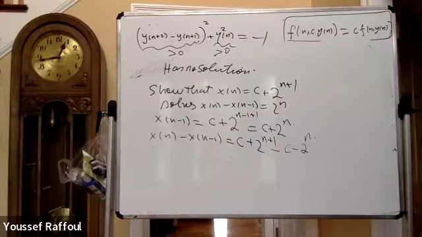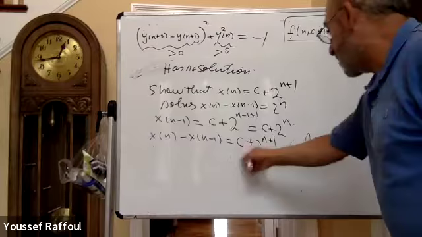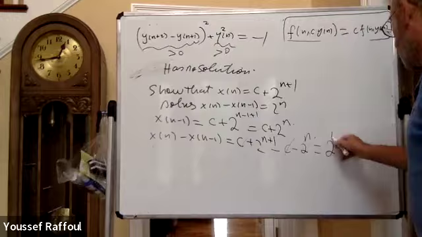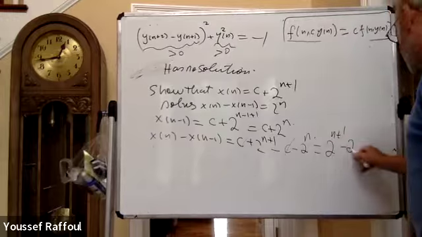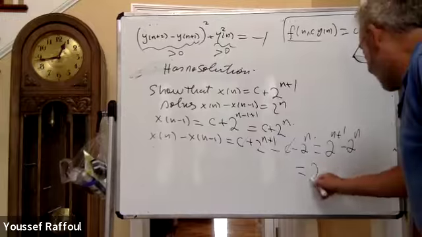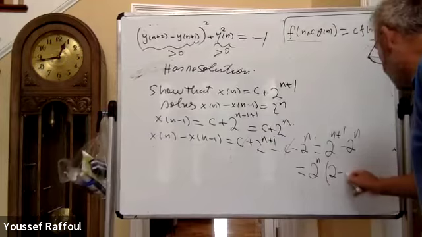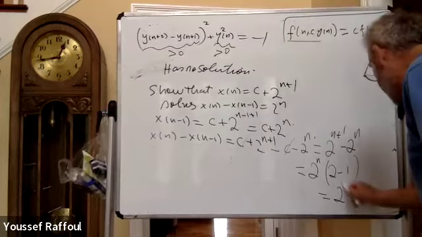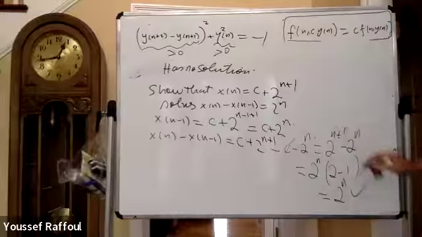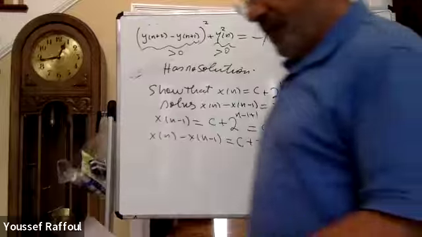C minus c go away. So this is 2 to power n plus 1 minus 2 to power n. Factor 2 to power n out, you get 2 minus 1, and that is 2 to power n. So that is a solution, okay?